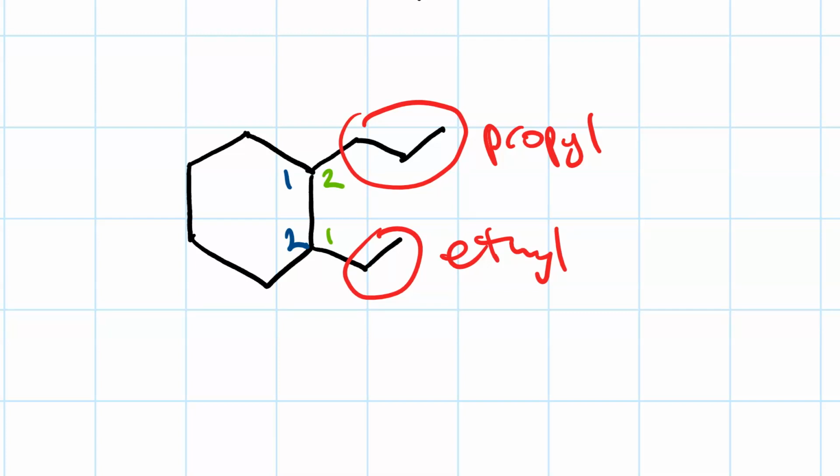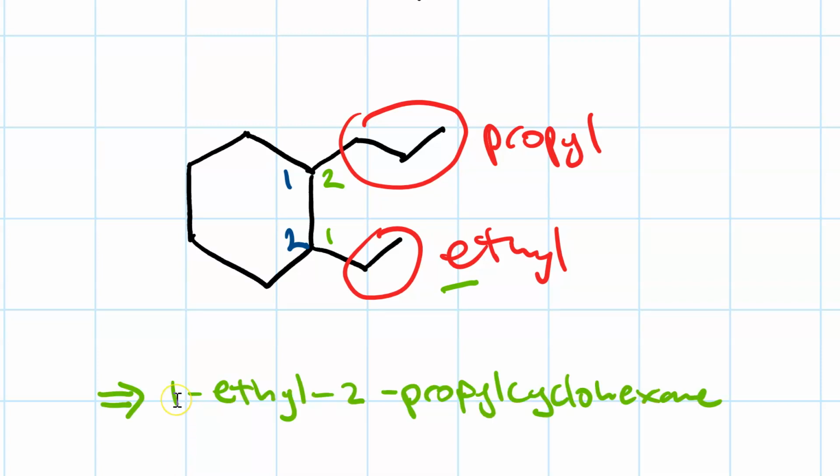Either way, our locants will be 1 and 2. In this case, the tiebreaker consists of assigning the lower locant to the substituent that comes earlier in the alphabet. So our name then is 1-ethyl-2-propyl cyclohexane. No spaces anywhere in that name.